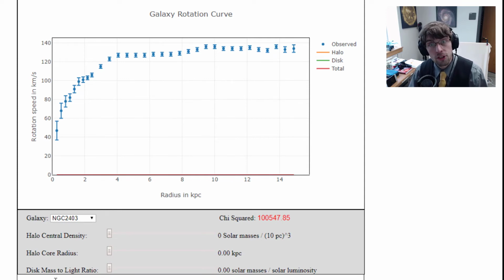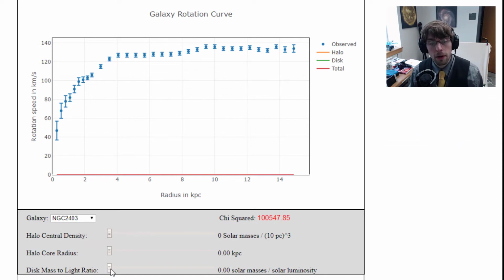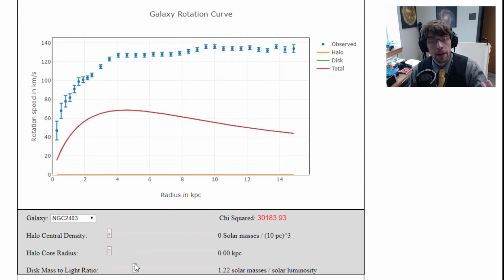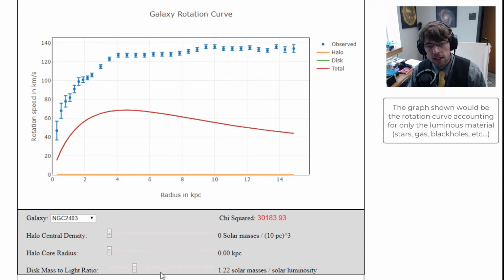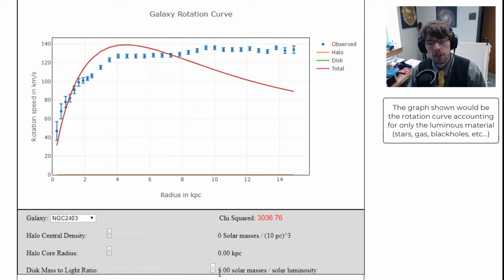to light ratio. What this means is that we generally estimate the mass of a galactic center based on how much light is being produced. So what this slider bar allows us to do is to say for 1 unit of solar luminosity, how much material must be present. And you can see that we can adjust this all the way up to 5.